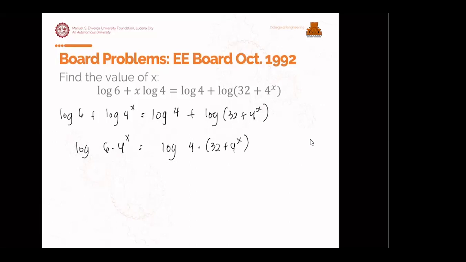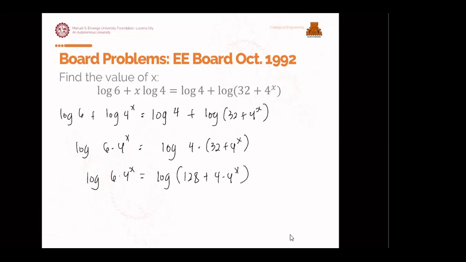Okay? And then, what can we do now is to distribute yung 4 dun sa mismong quantity natin. So, 4 times 32 is 128 plus 4 times 4x.